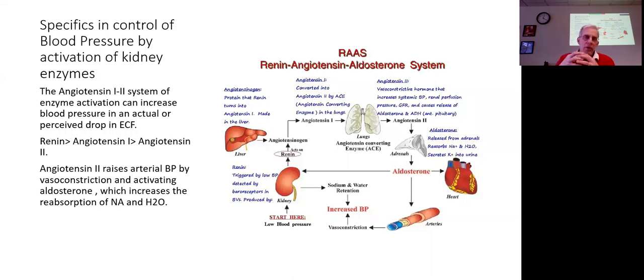When there's a pathological reason for this system to be activated, they will inhibit that vasoconstriction and keep blood pressure in the lower to normal range, which is good. And this is why you have these angiotensin converting enzyme blockers, and they will help lower blood pressure or stabilize blood pressure.